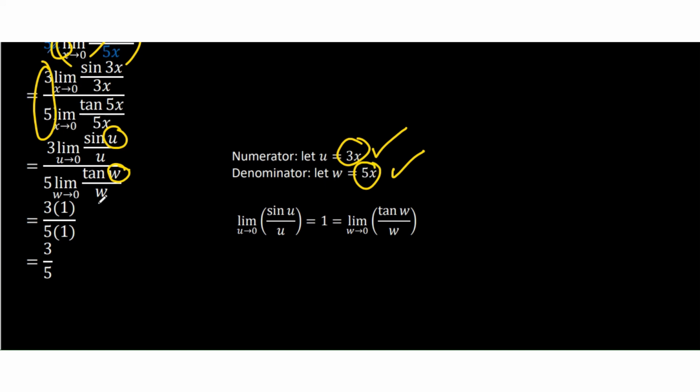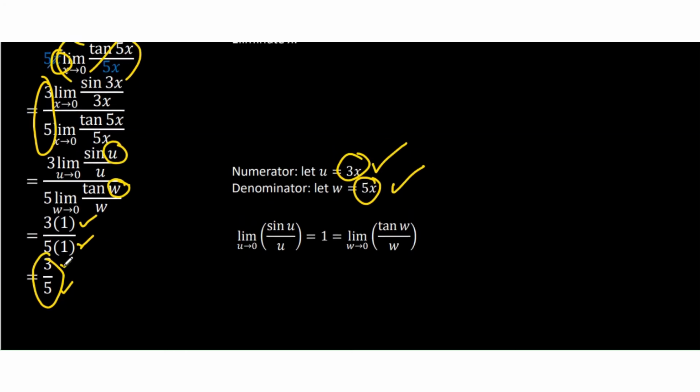Okay? So here, substitute limit of sine u over u as u approaches 0. That is 1. And the limit of tangent w over w as w approaches 0 is also 1. So 3 times 1 is 3, 5 times 1 is 5, 3 divided by 5 is the fraction 3/5.